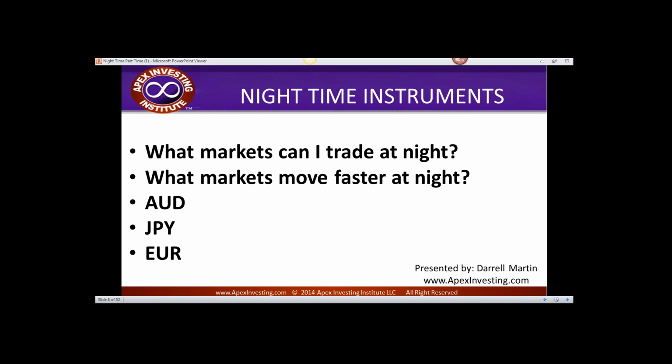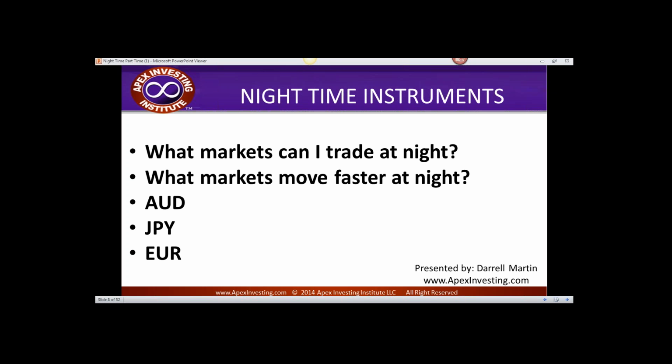Okay, so just like here in the U.S., 9:30 a.m. Eastern time is when all those indexes and all that morning session opens up and stuff starts going crazy. Well, early evening in Australia, about 7 o'clock, that's what's happened over there. It's their early morning session. It's their pit market opens. It's their news and press releases that start affecting their market and also starts affecting the Aussie, the currency.